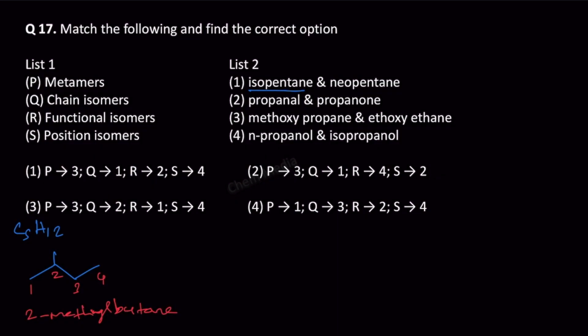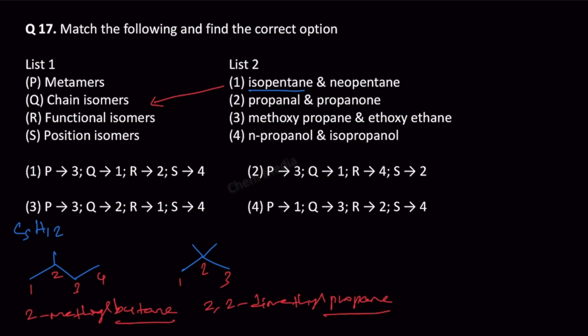What is neopentane? 2,2-dimethyl-propane is referred as neopentane in the old literature. 2,2-dimethyl-propane. The parent chain length is different. One is butane, another is propane. So therefore, these two are chain isomers. Therefore, one should match with the Q. So this means 3 is wrong, 4 is also wrong.